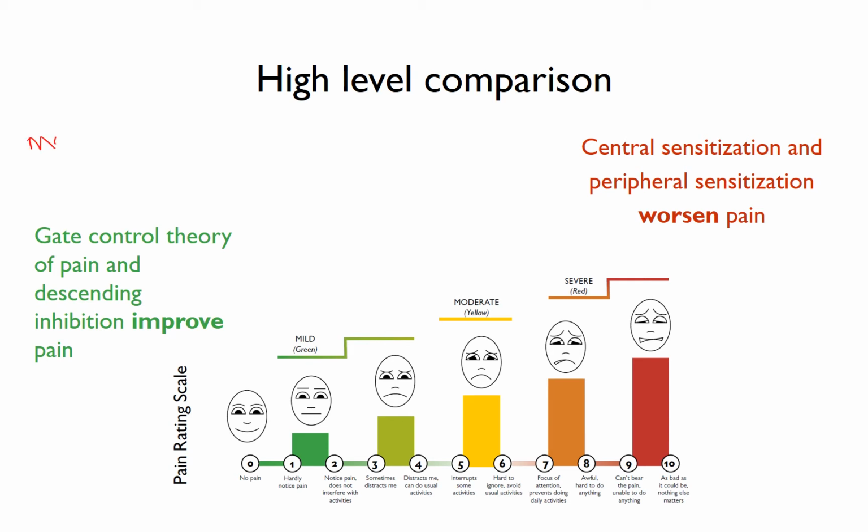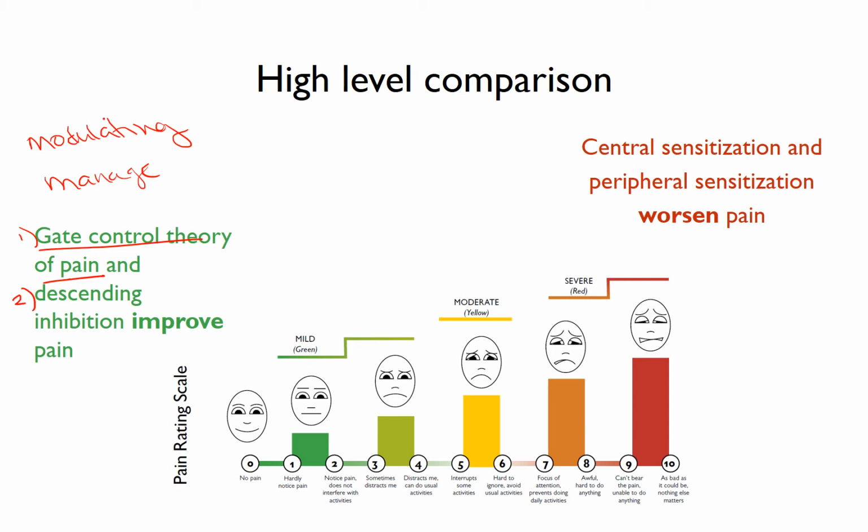The pain modulating systems are over here on the left side of this screen, and they are essentially systems that are inborn within us that have the ability for us to manage our own pain intensities. And these two systems are known as the gate control theory of pain and descending inhibition. They essentially improve your overall pain state.